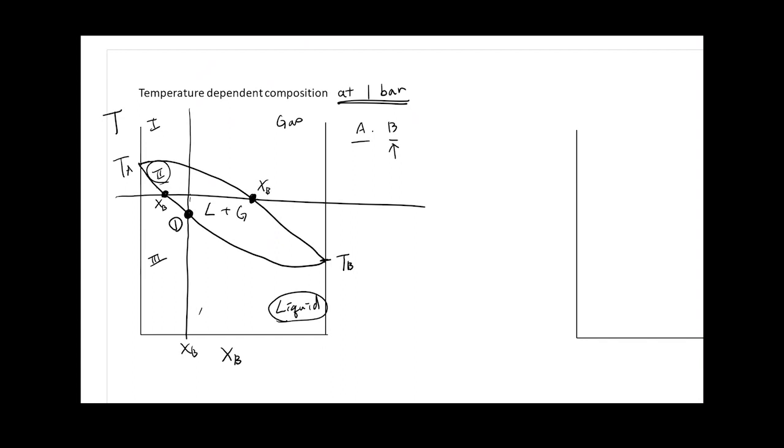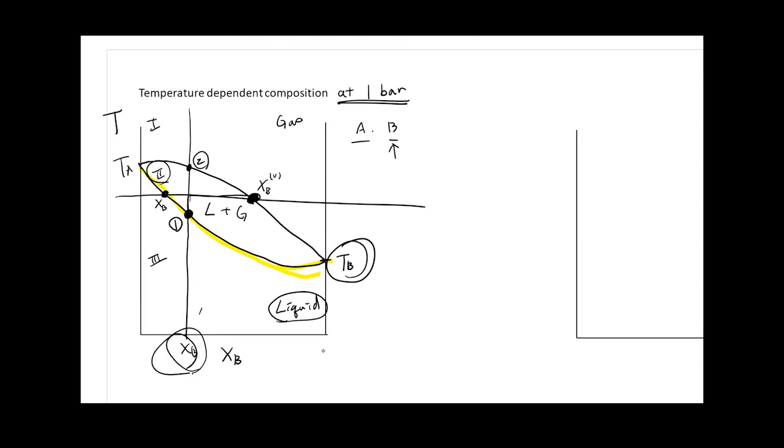This will be your XBV. The bottom one is the liquid composition curve, and the top one will be your vapor composition curve. So if you keep increasing your temperature to 0.2, at 0.2 you will see the very last liquid molecule evaporate. Beyond that temperature, for this given composition, everything will exist only in the gas form.